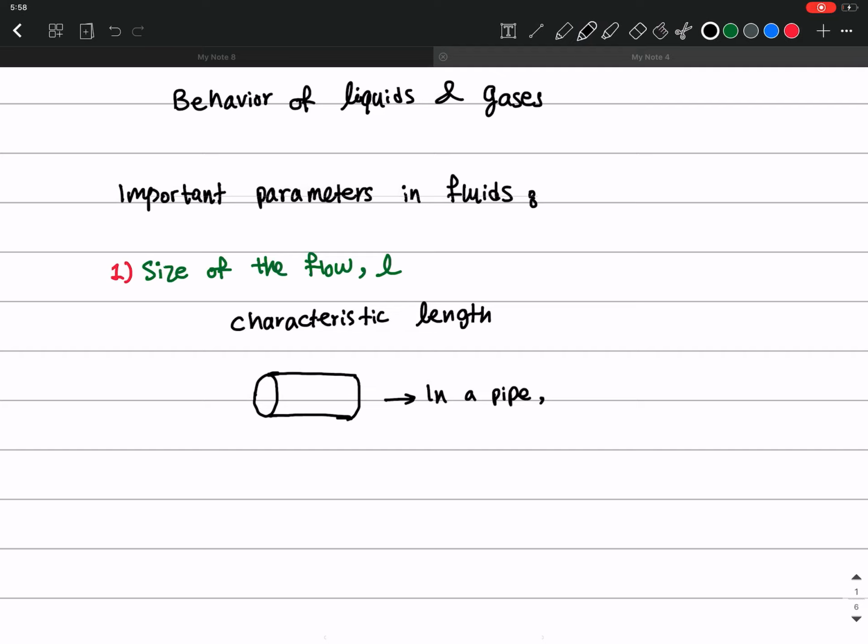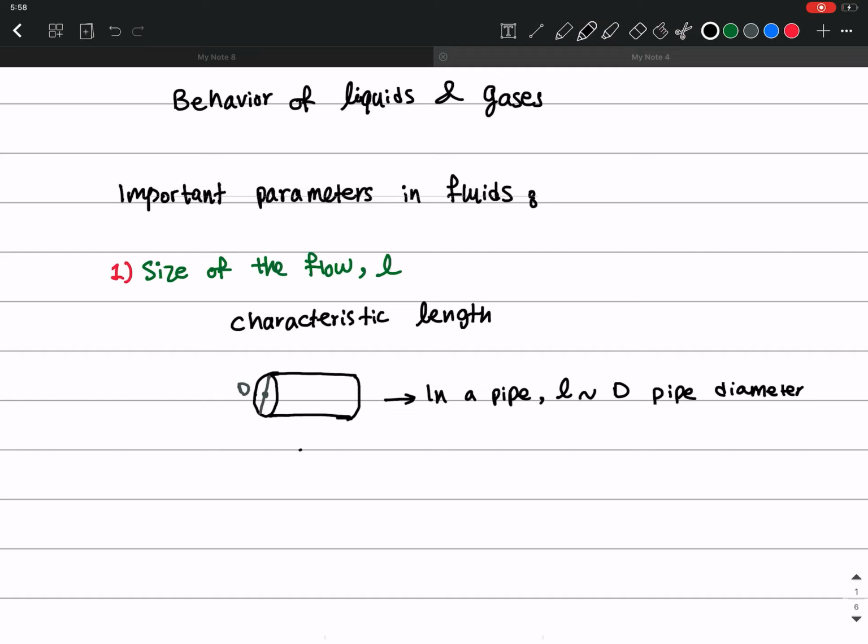The size of the flow, or L, is proportional to what? To the diameter of the pipe, right? So the size of the flow, or L, here is proportional to this diameter, which we call D.